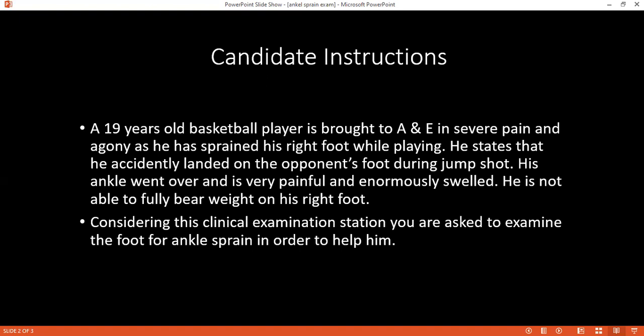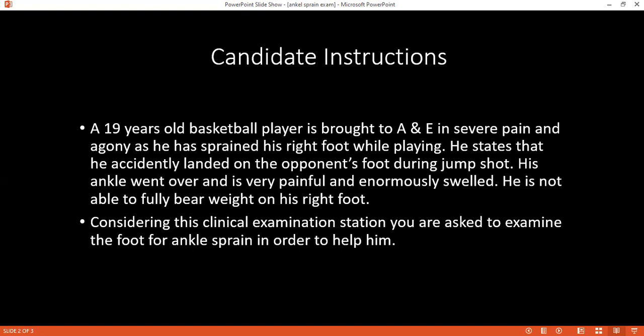On examining the movements, the patient is having painful movements, both active and passive movements are painfully limited. And on doing the special tests, it was found that the talar tilt test was positive and the anterior drawer test was negative.